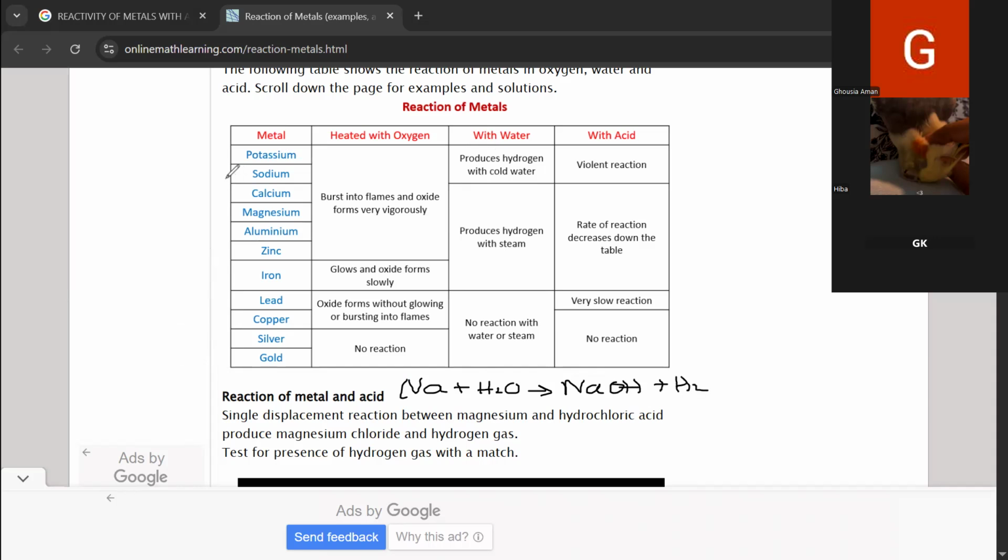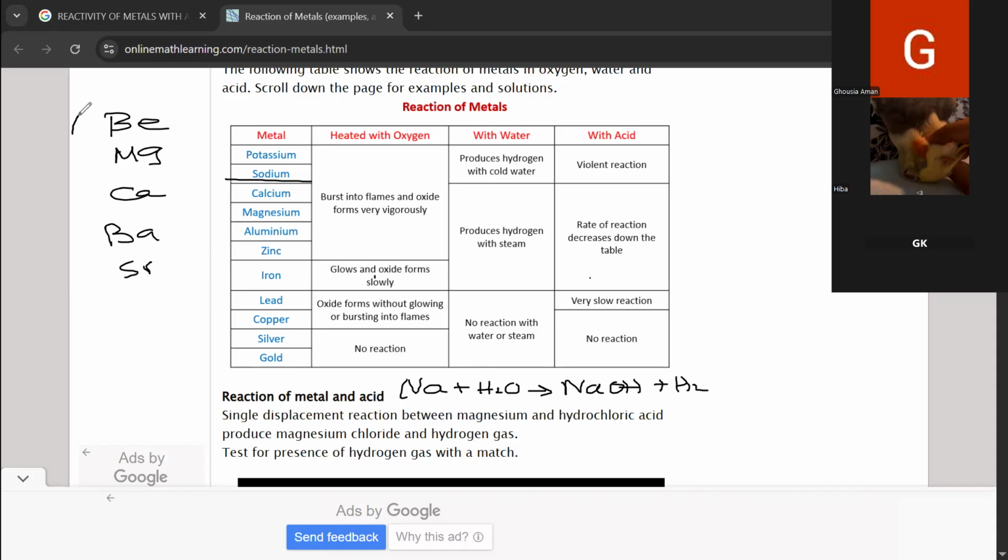There will be a fizz of hydrogen gas. So this is the case of group number 1. Group number 2 react very slowly with water. What is group number 2? Group number 2 is beryllium, magnesium, calcium, strontium, barium.